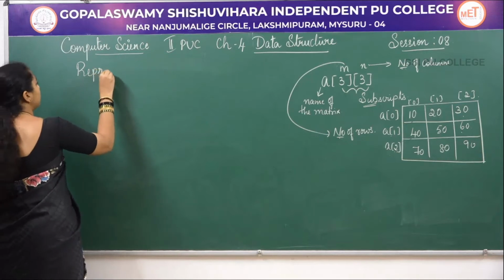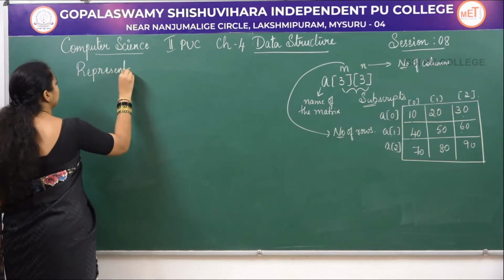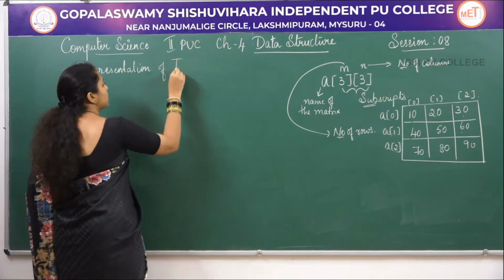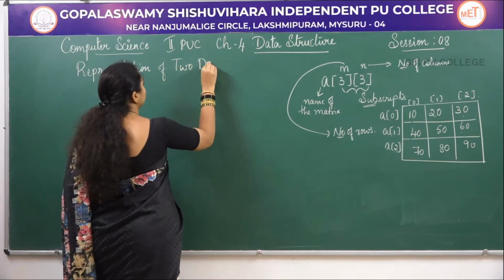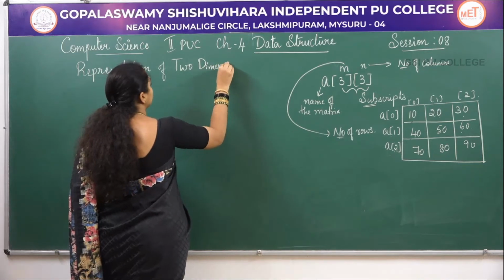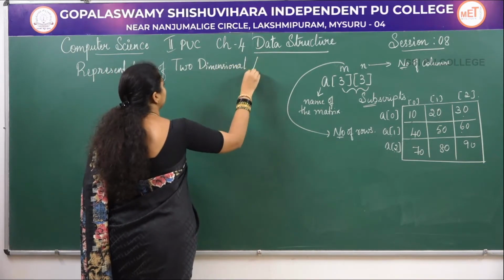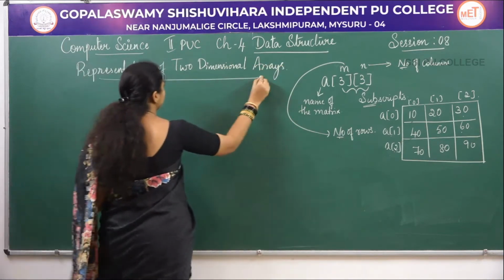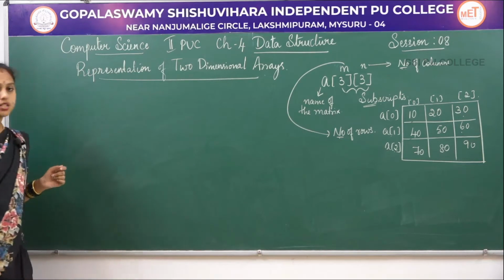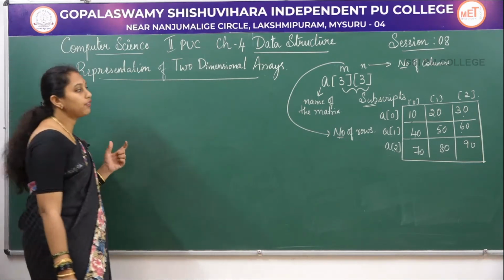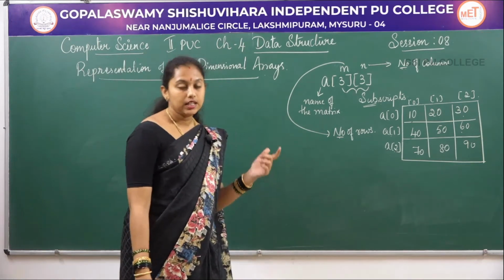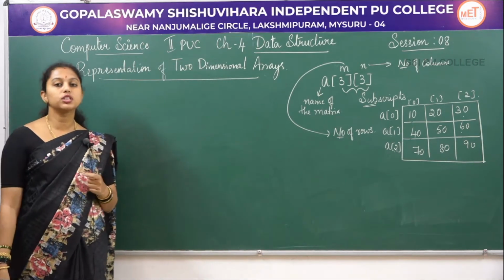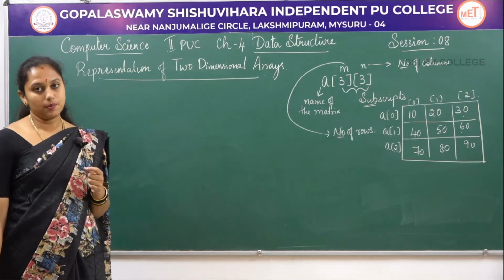Representation of a two-dimensional array. Suppose A is a matrix of m cross n, then we require m cross n memory locations to store the array elements.